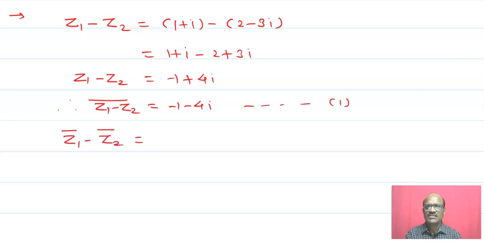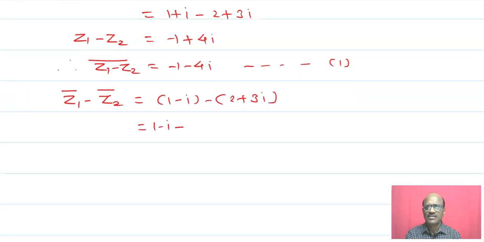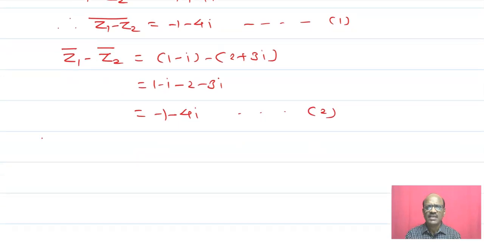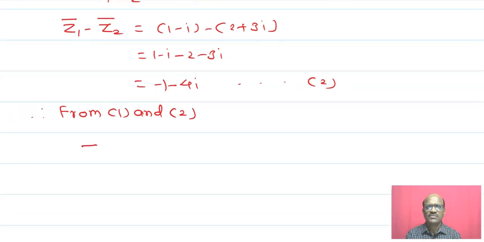And next is z1 bar minus z2 bar, after taking the conjugate and subtraction: 1 minus i minus 2 minus 3i. That is minus 1 minus 4i. From 1 and 2, therefore, z1 minus z2's bar is equal to z1 bar minus z2 bar.